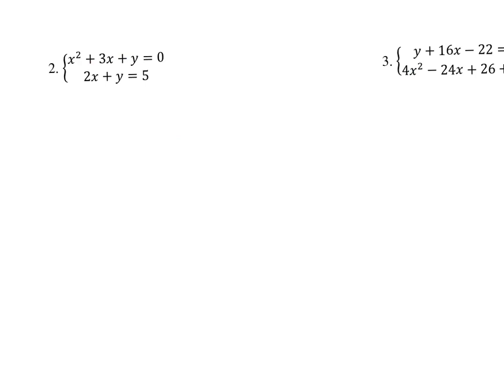So we are going to continue solving using substitution. What I think would be the best thing to do is to solve for y here. So I'll have y equals 5 minus 2x. Okay. All of that needs to go in for this y. Okay, we're substituting it in.